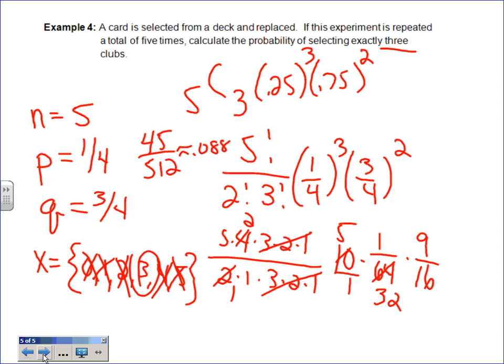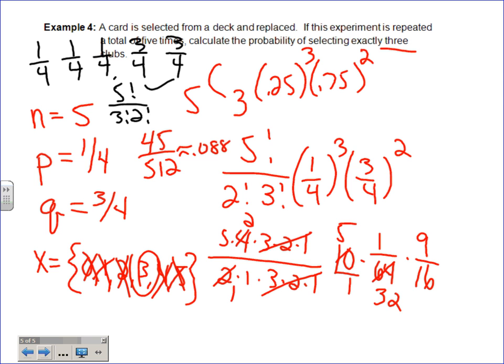Now, if you want to do this one the other way, you would have to sit there and say, what do we want? 3 clubs? You say a quarter. This is the old way. A quarter, 3/4, 3/4. But these 3 could have happened anywhere. Those 2 could have happened. You'd have to go through that combination of basically 5 factorial over 3 factorial, 2 factorial because of the repeats.